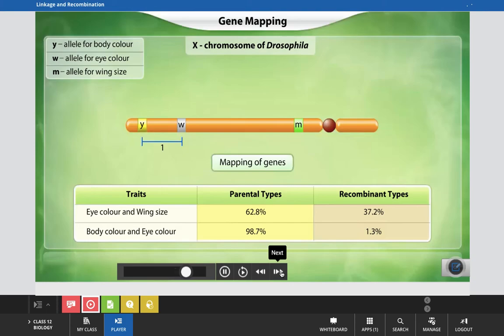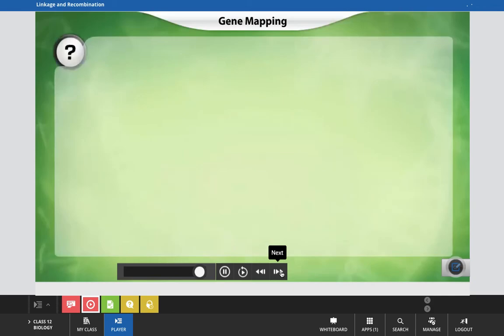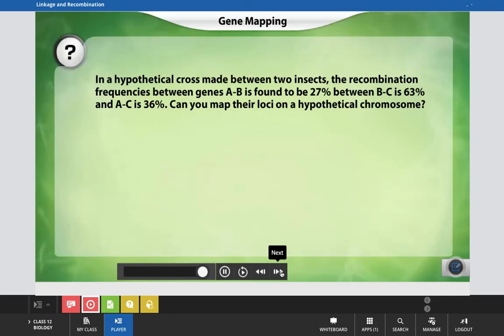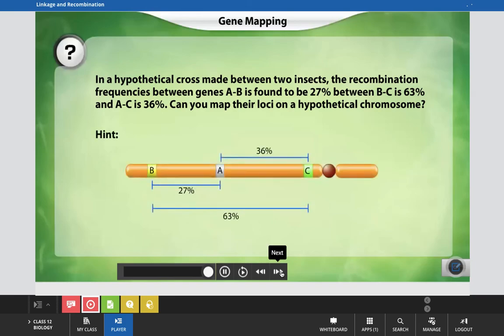Similarly, we can say that the genes for eye color and wing size are 37 map units apart. And in this way, Morgan and his student gave the concept of gene mapping.